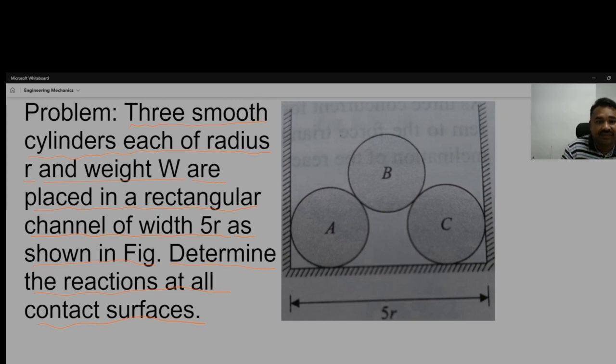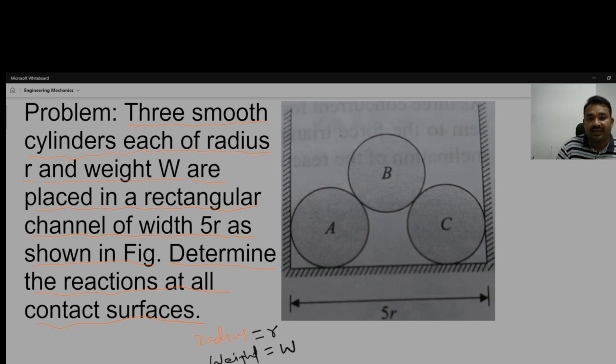So here the radius is given, small r, and the weight is w.